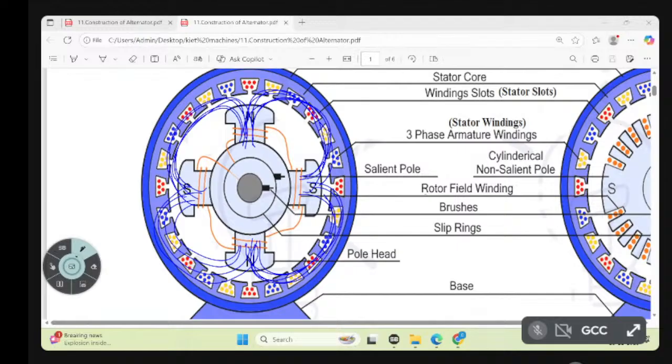Rotor consists of poles. These are not permanent magnets; we are making them magnets. So it has winding again, and we give DC supply to this rotor. We are giving south pole, north pole, south pole, terminated to the other brush, the negative brush. So this is about the construction of the alternator.